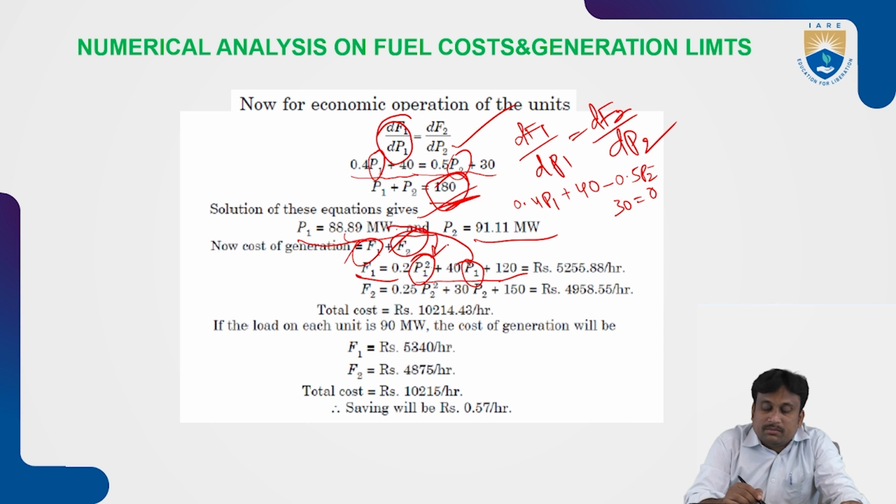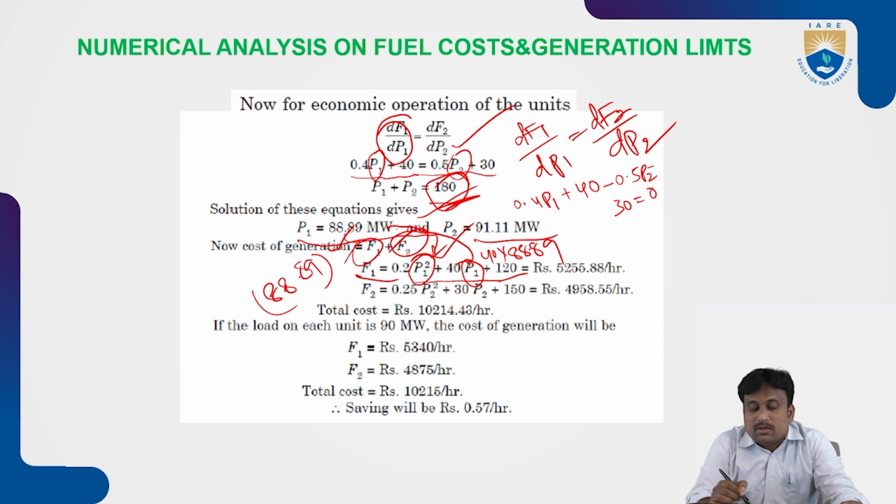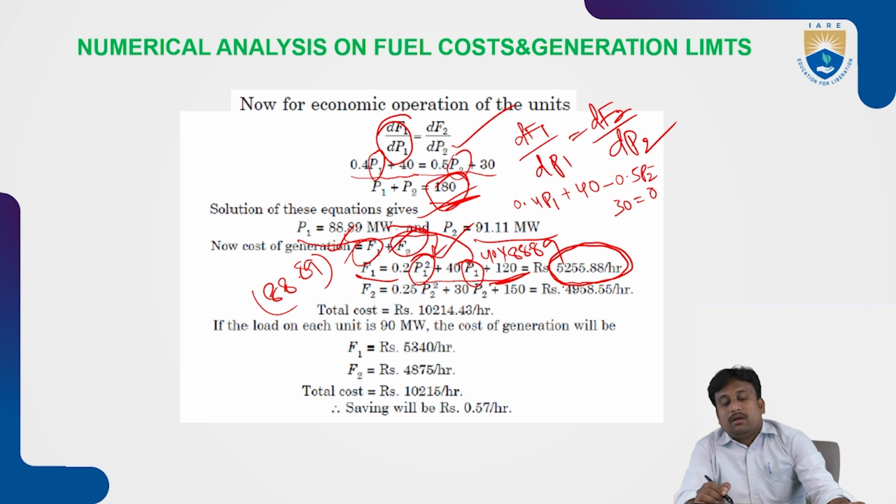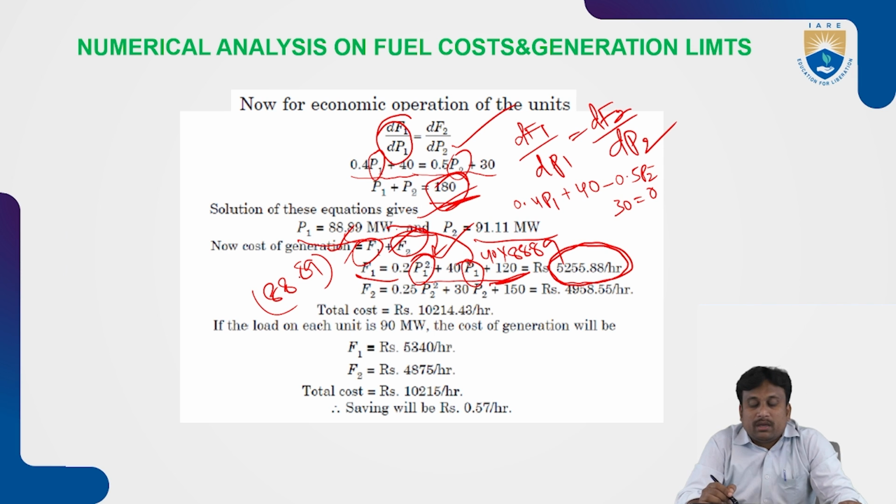So here it becomes a square term, 88.89 square, and this is straight away 40 into 88.89. Finally, if it is added to 120, you may obtain a value of 5,255.88 rupees per hour.